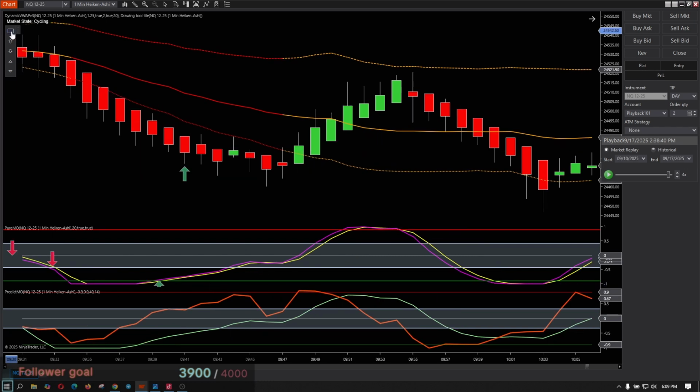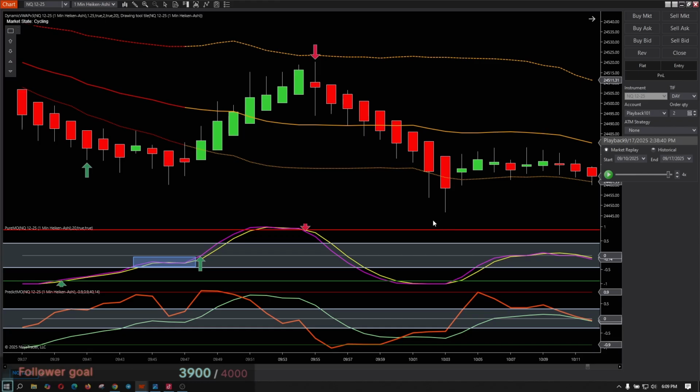Then you get a period of noise right here. All this is just nothing but noise, okay? Here's another opportunity where you could have taken it to the upside right there as well. And the moment it tilted to the downside, which would have been at this bar right there, that would have been your exit.